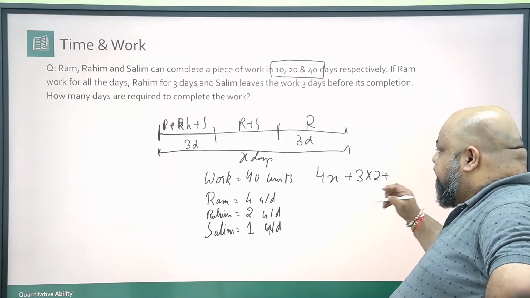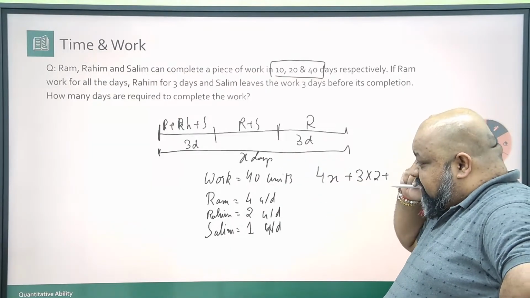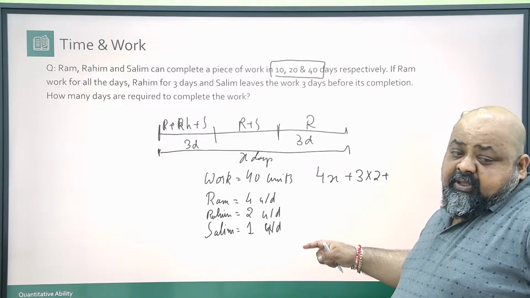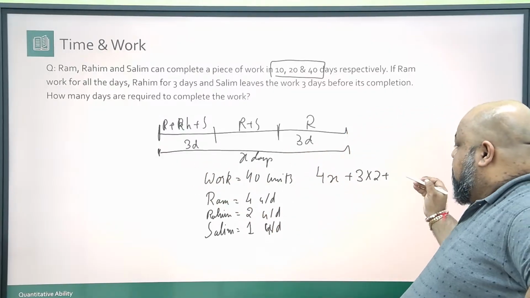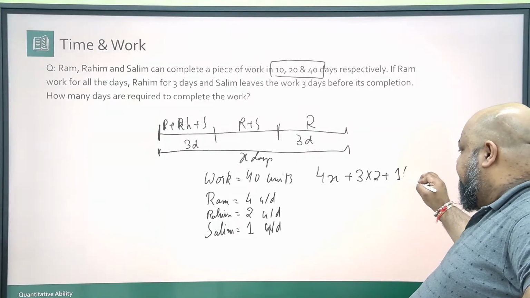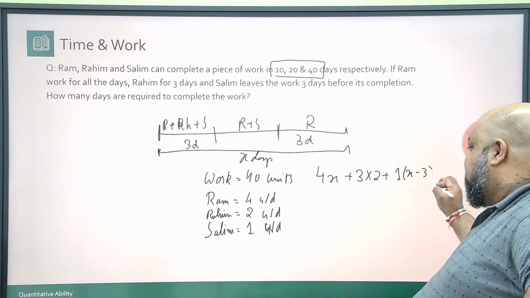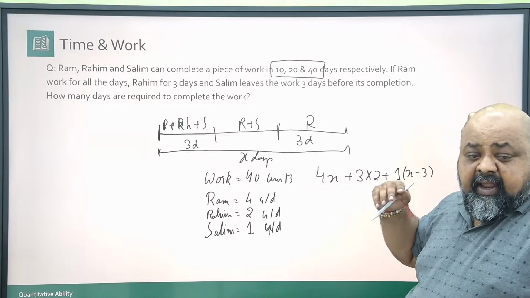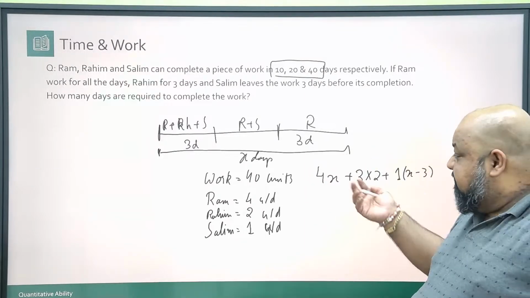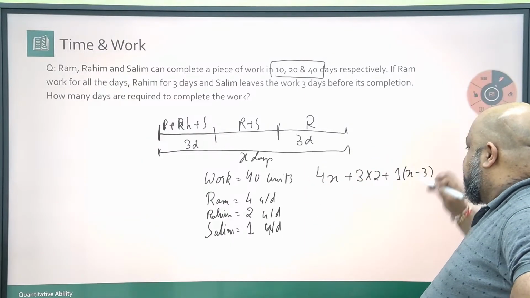What about Salim? Salim does not complete the X days, he leaves 3 days before this. So Salim does 1 unit per day for X minus 3 days. This is the total work that they have done, and through this they have finished the entire work, which was 40 units. So this should be equal to 40.